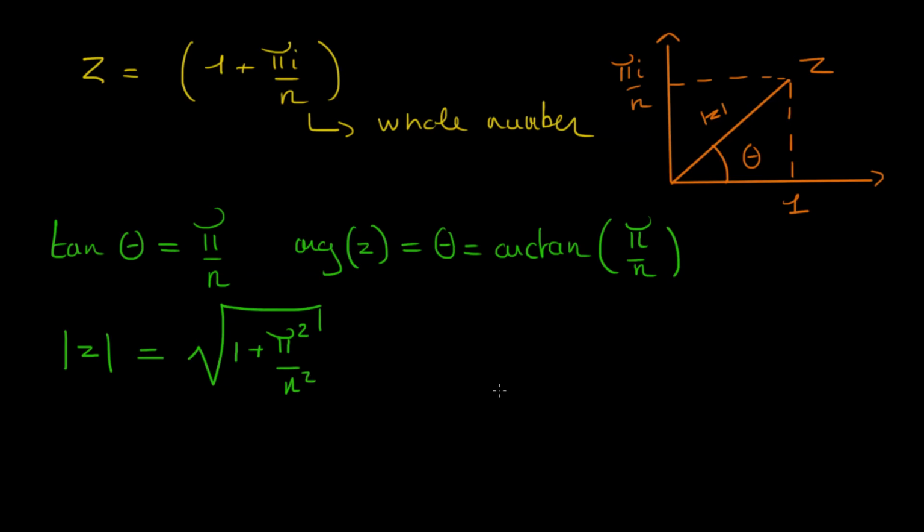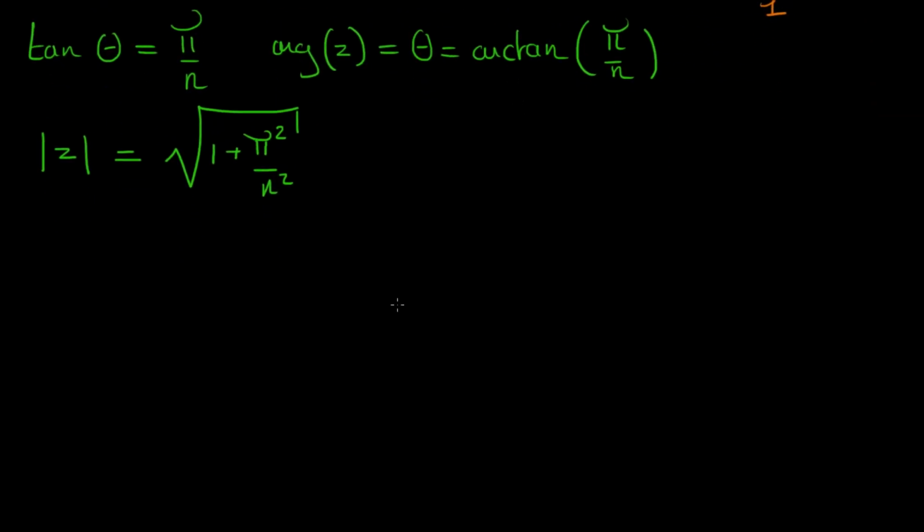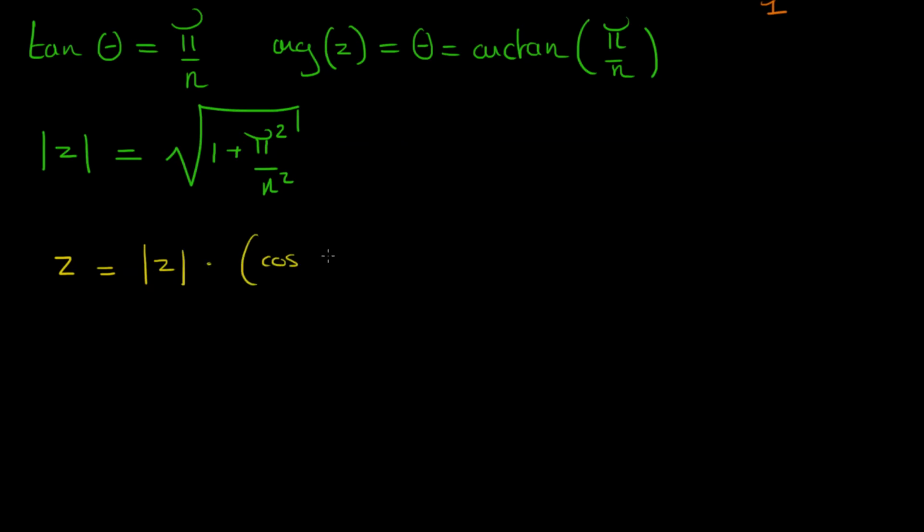So let's keep this aside for a moment. Let's first rewrite our complex number z in trigonometric form. So we get z is equal to the modulus of z times the cosine of theta plus i times sine of theta.